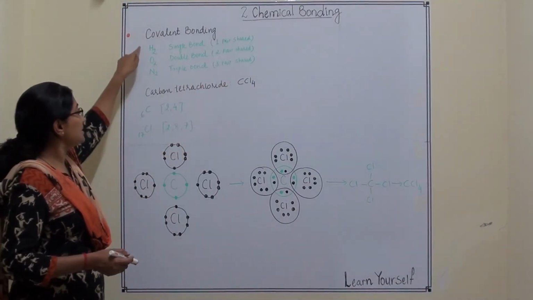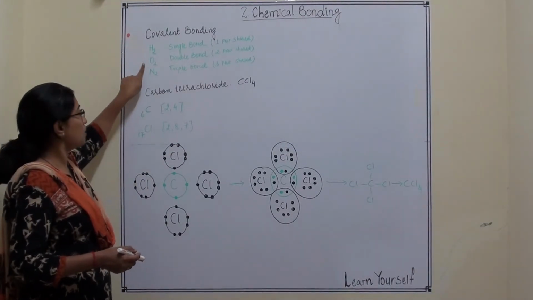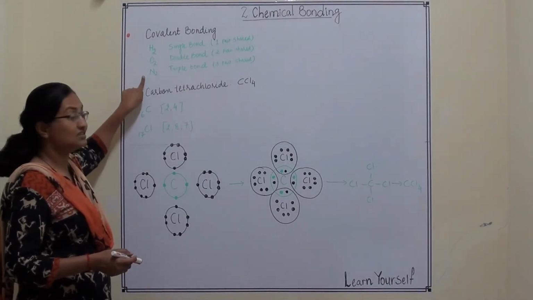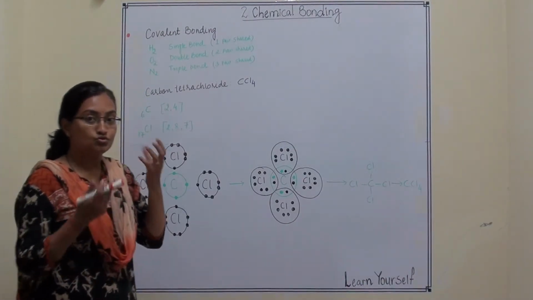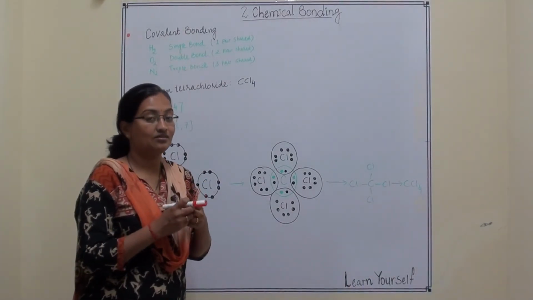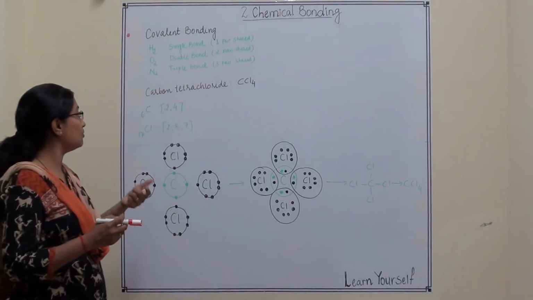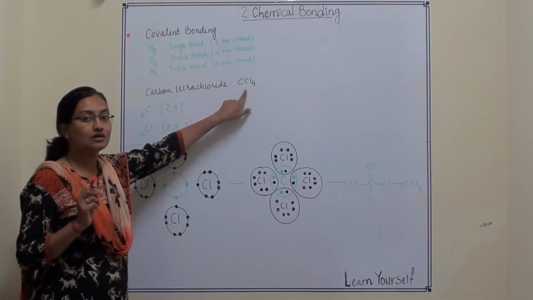Now all these examples are hydrogen with hydrogen, oxygen with oxygen, and nitrogen with nitrogen. That means two same atoms are forming a covalent bond together. Now we will see one more example where two different atoms form a covalent bond between them.